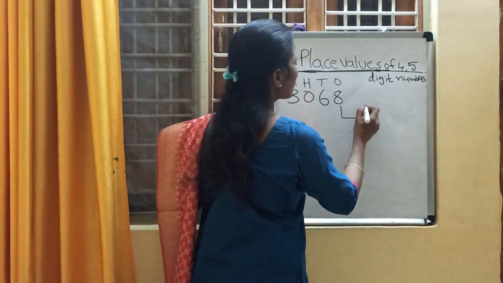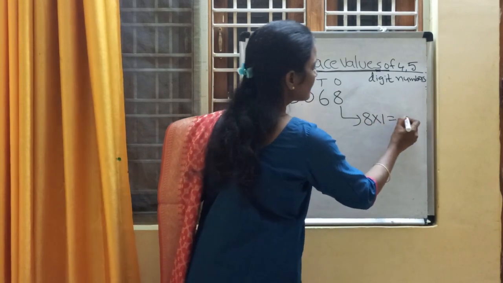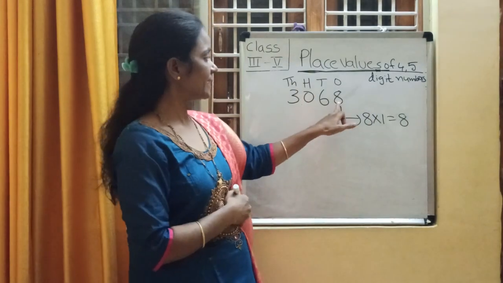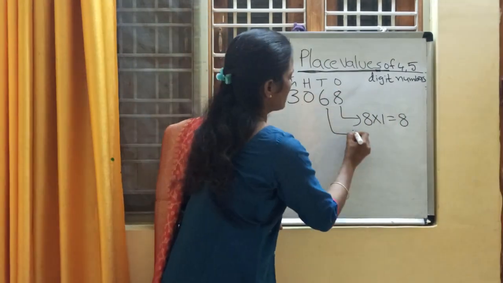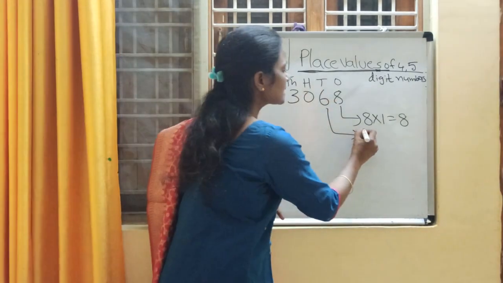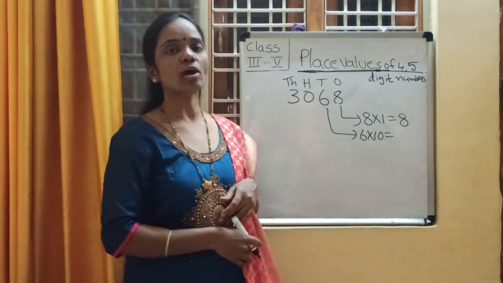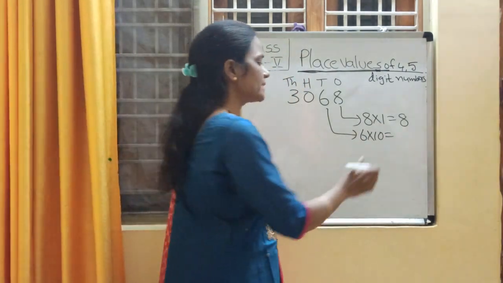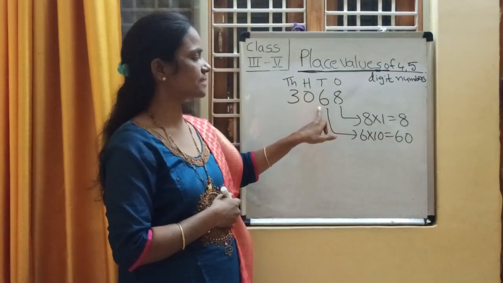As 8 is in 1's place, what is the place value of 8? 8 ones are 8. What is the place value of 6? As 6 is in 10's place, the place value is 6 into 10. 6 tens are how much children? 60. Yes, 60 is the place value of 6.